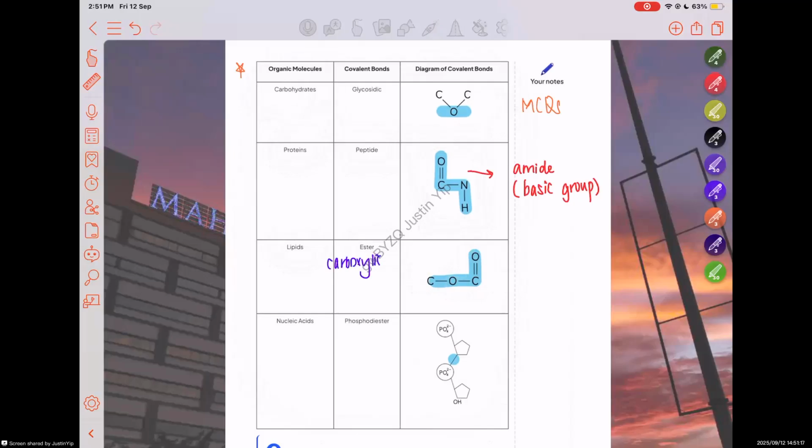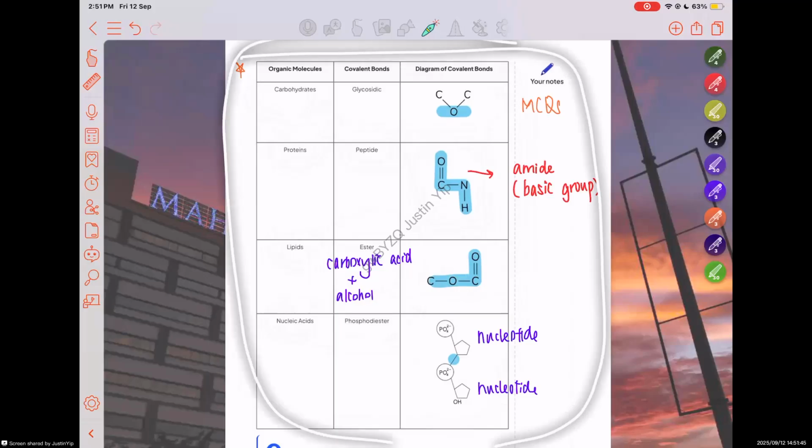Carboxylic acid added with alcohol, you will form ester. And nucleic acid, between your nucleotide and another nucleotide, they are actually joined by phosphodiester bond. So this one, please remember.